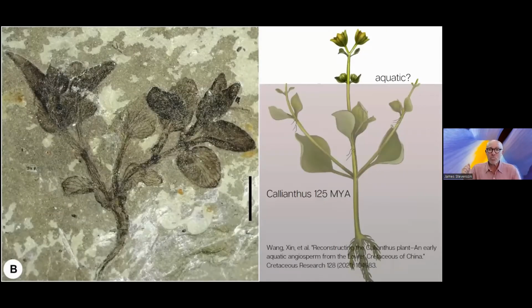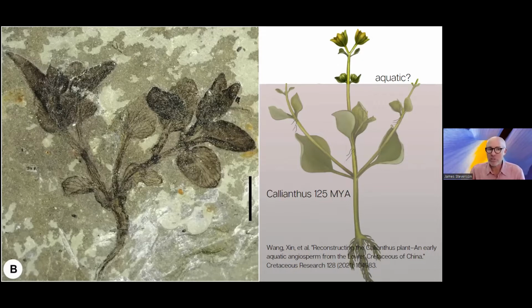Some of the very first flowers have been identified in some fantastic fossil deposits in China. This plant, Callianthus, was discovered in a formation that dated to about 125 million years ago.